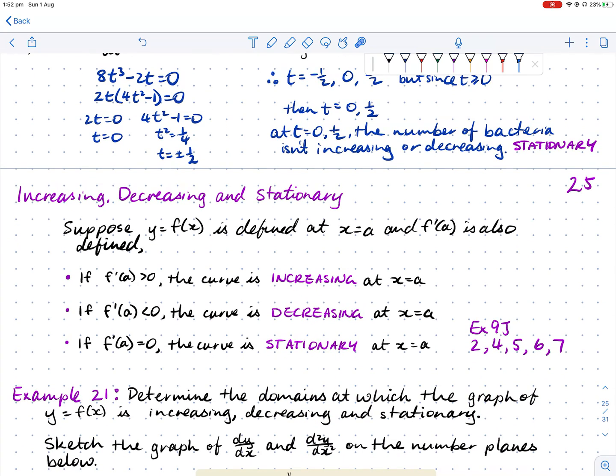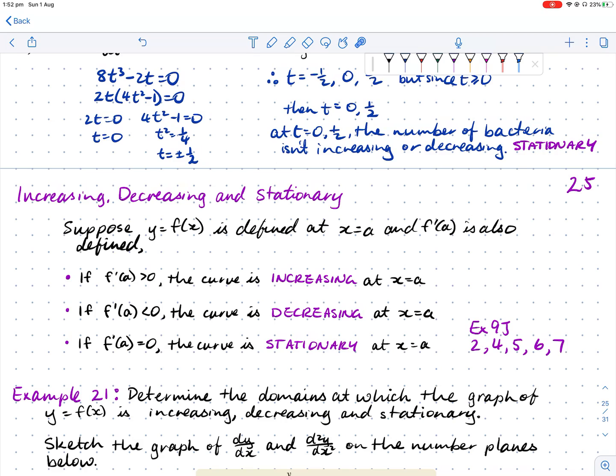If the gradient is positive, so if f dash a is greater than 0, then the curve is increasing at that point. If the gradient is negative, then the curve is decreasing. And if the gradient is equal to 0, then the graph is stationary. So it's not going up or down either.